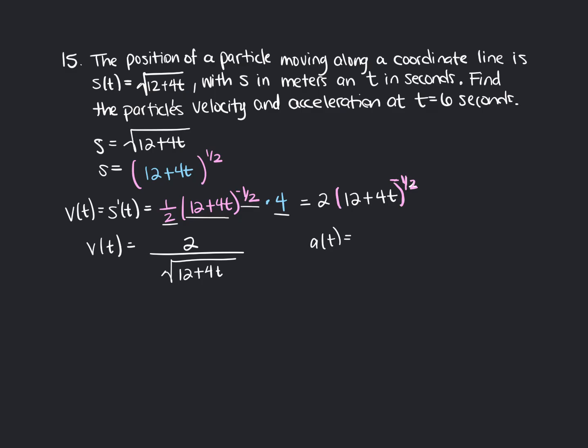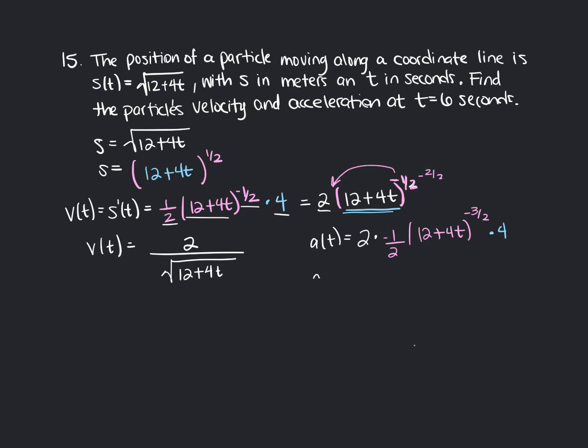It's a chain rule, and I have the inside portion. And 2 is just a constant multiplier. So I'm going to have 2 times the derivative of the outside. So that's a negative 1/2 times 12 plus 4t. And when I subtract 2 over 2 from 1/2, I get a negative 3 over 2. And then I'm going to multiply by the derivative of the inside, which is just 4.